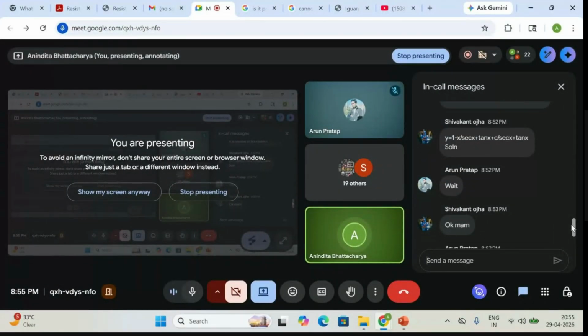I think you have some brackets missing. If not, Shivkant, you need to look into the solution. Your solution needs grouping. If you're writing it the way it is, I believe it is not correct. So look into the solution and see.